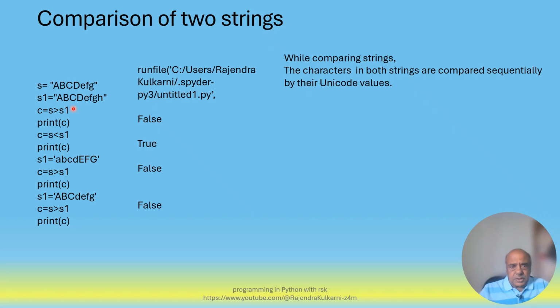Sequentially, C will be compared with C, D will be compared with D. Similarly, E compares with E, F compares with F, G compares with G. All these characters have certain Unicode values, and those Unicode values in the form of int constants are compared.